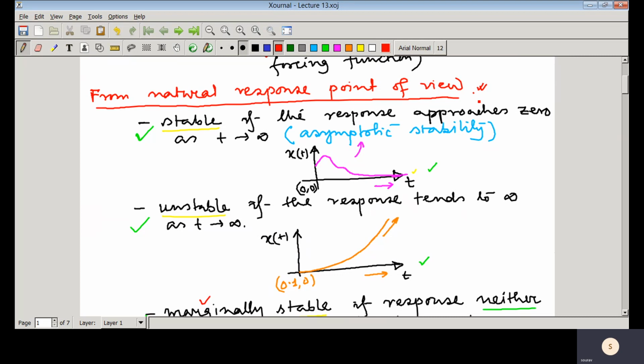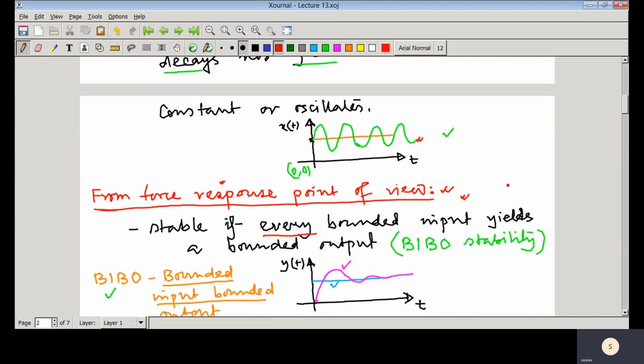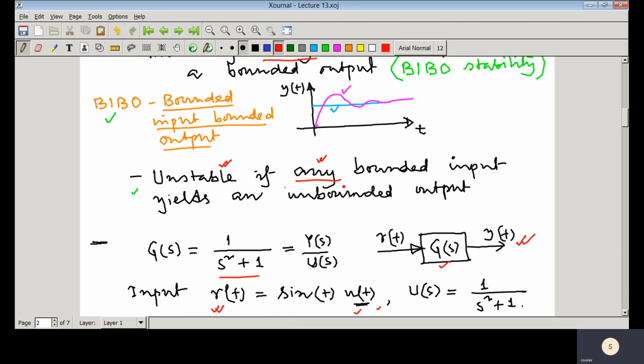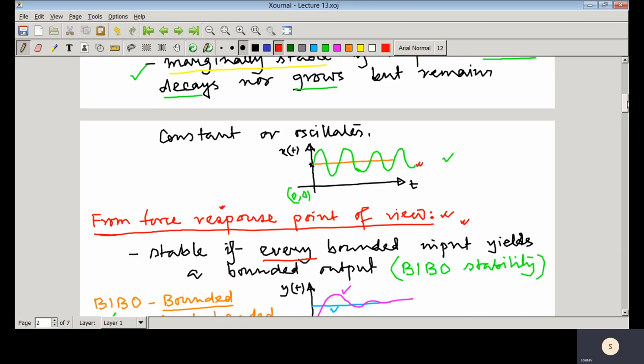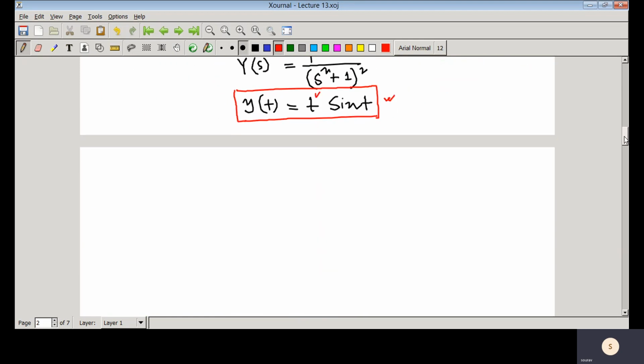That means in this case, external input is equal to 0. But if we consider the forced response point of view, that means whenever you apply some input, there is at least one input for which the system response is unstable. So from the forced response point of view, we would say that the system is unstable. But from the initial condition point of view, that is the natural response point of view, we would say that this is marginally stable.